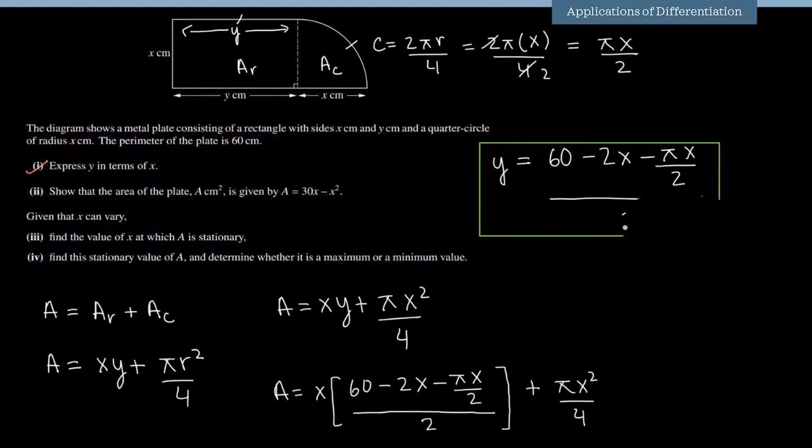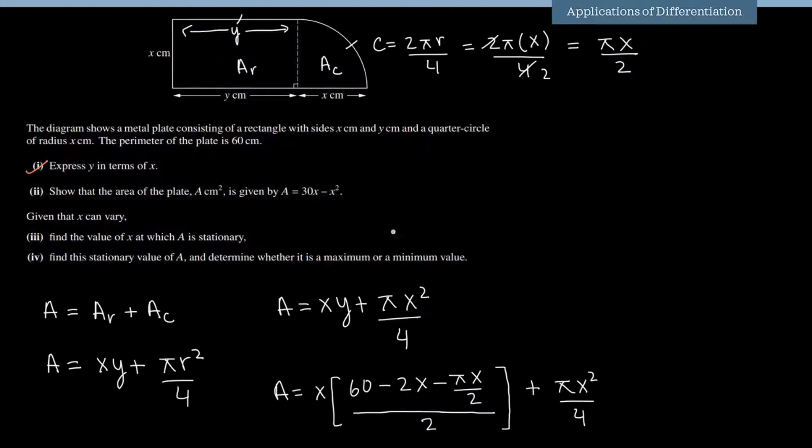Now this equation is no longer needed, so I'll erase this. Next I'll multiply x by this bracket and I'll get area is equal to 60x minus 2x squared minus pi x squared divided by 2 whole divided by 2 plus pi x square divided by 4.